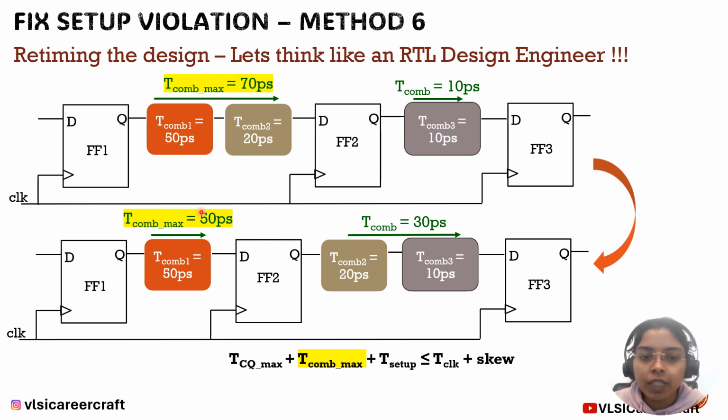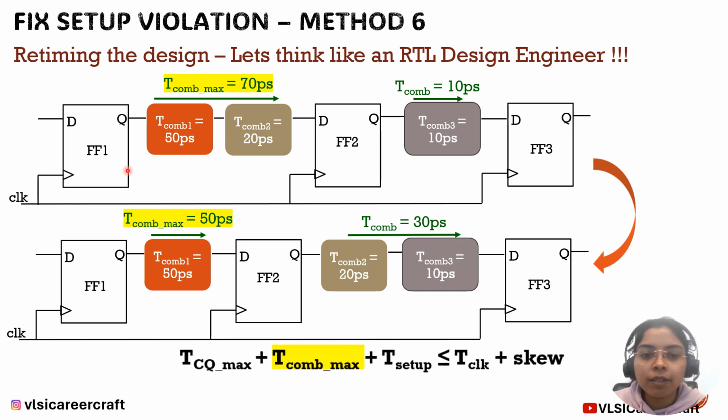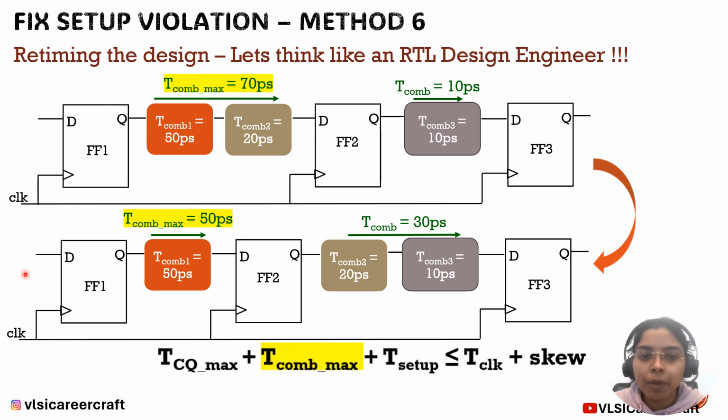So I'm reducing it, and this is helping me to satisfy this setup violation check equation. This is a simple example of how we retime the design. But in real designs in the industry, it needs tools to retime it. And this is also one of the methods used in fixing the setup violation.